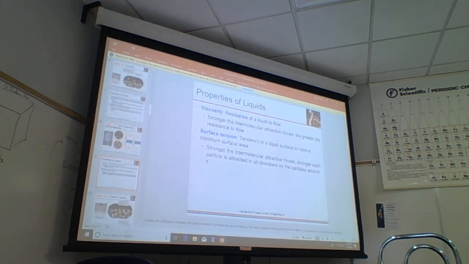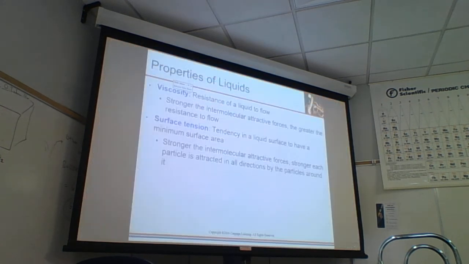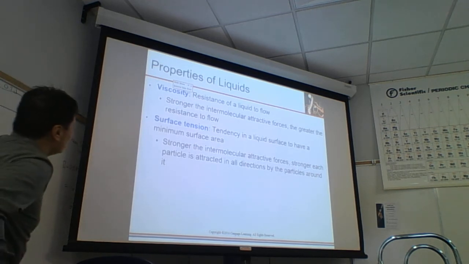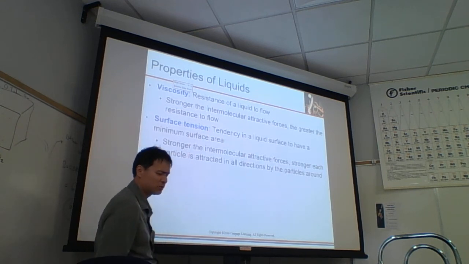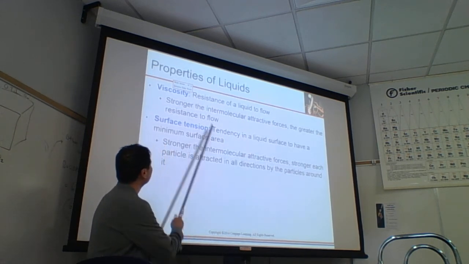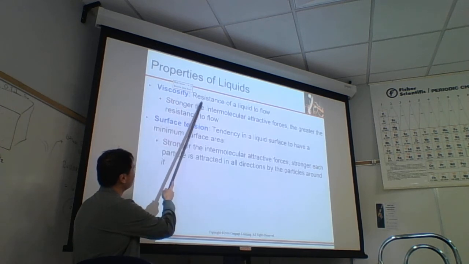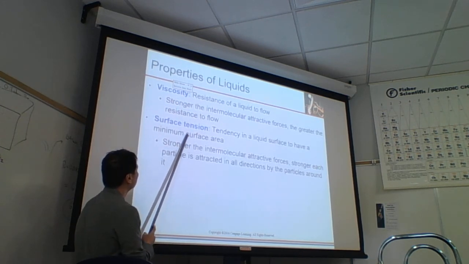A couple more properties of liquids. One is viscosity. Viscosity is the resistance to flow. And the last one is surface tension. Something that's very viscous would be like maple syrup. Maple syrup has high viscosity, that is, high resistance to flow.